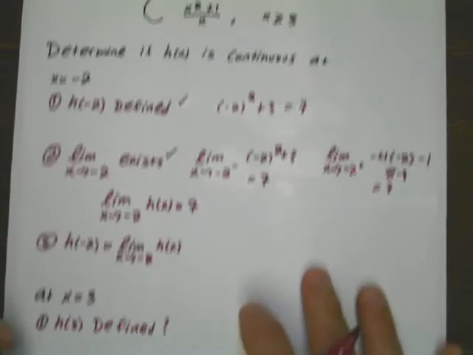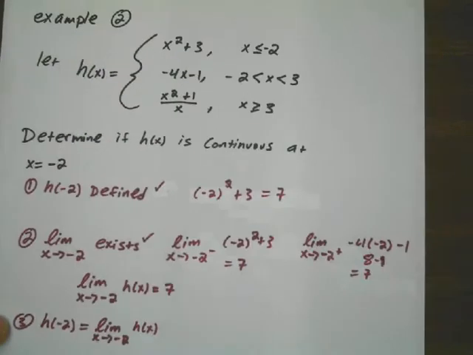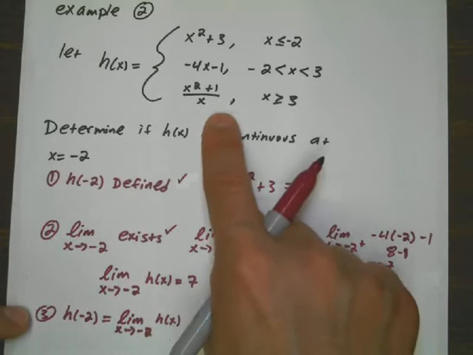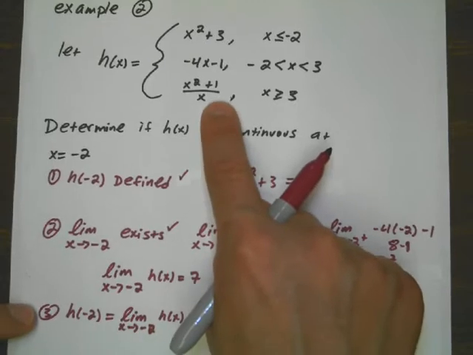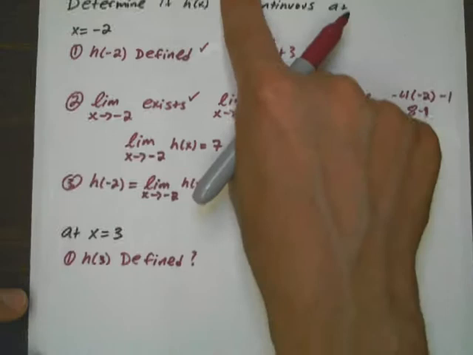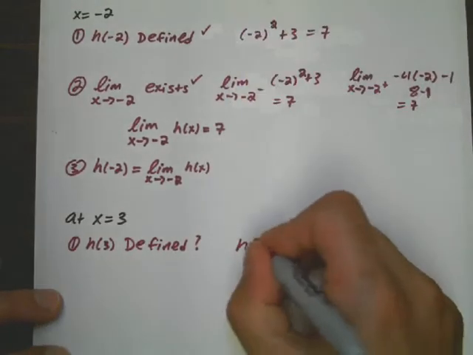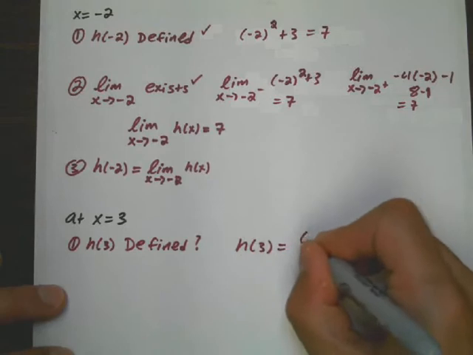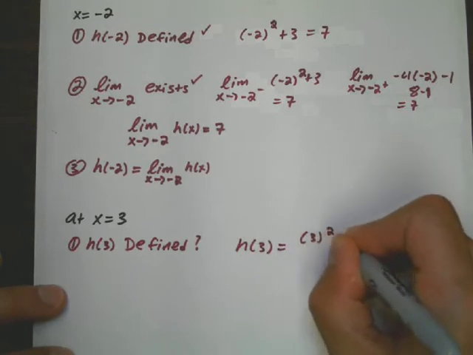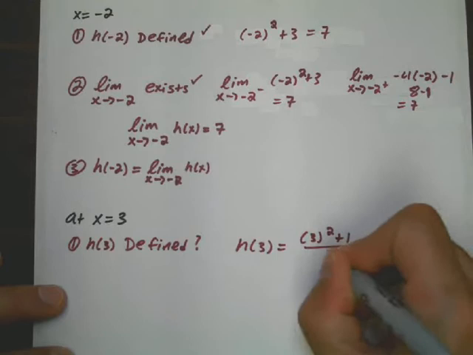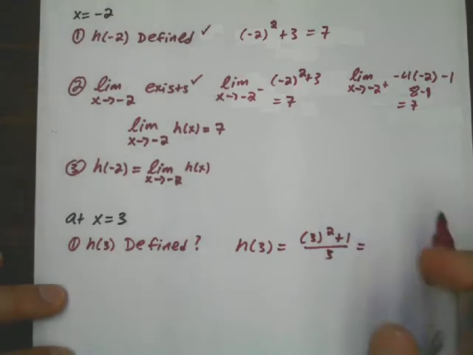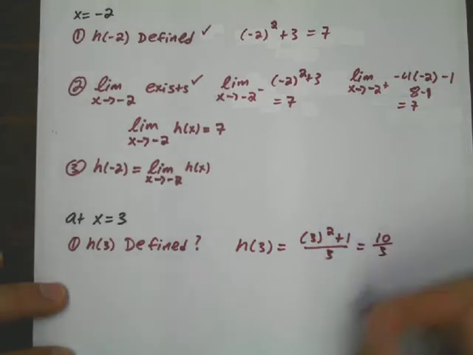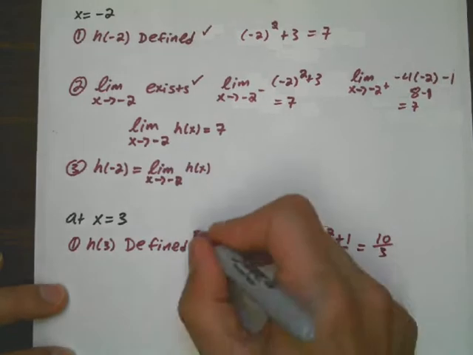Well, if I plug in 3, I have to use the bottom definition, because that's the way the piecewise is defined. So I can plug in 3 and get 3 squared plus 1 all over 3, which gives me 9 plus 1, which is 10 all over 3. So it's defined? Yes.